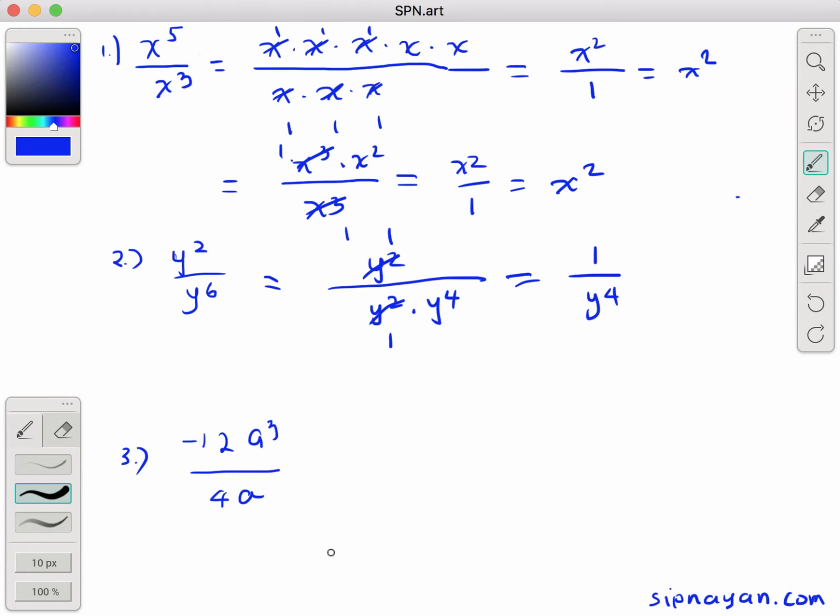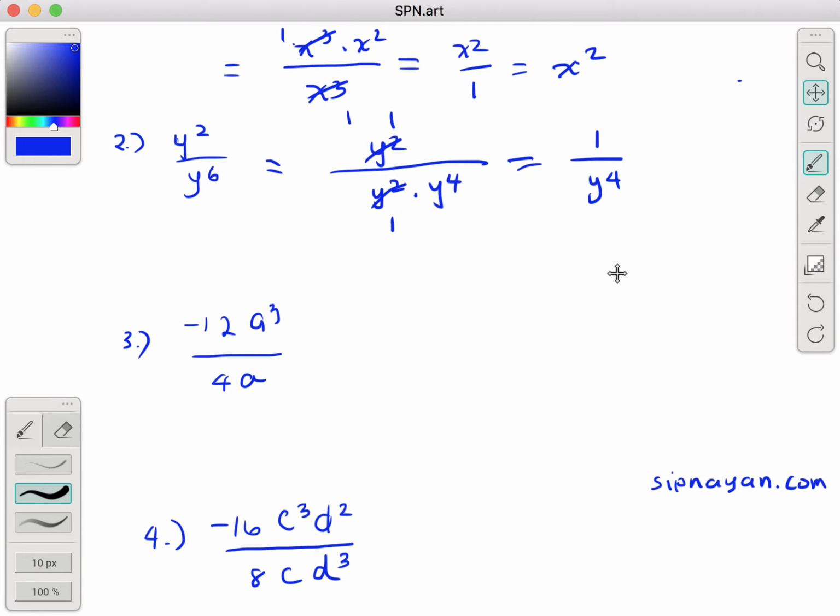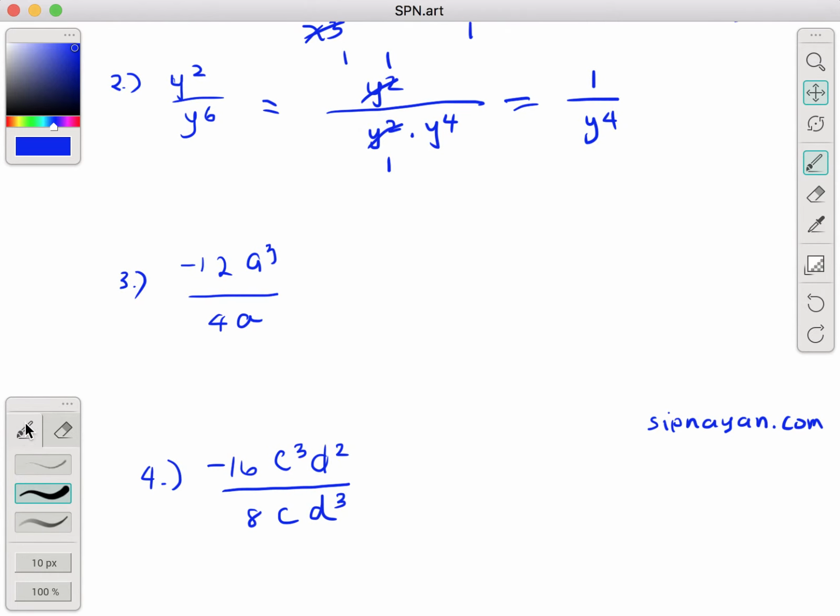Okay? What about our third example? So, we have negative 12 divided by 4. Probably pwede na yan i-diretso, but we still apply the cancellation. Anong pwede natin i-divide sa negative 12 saka sa 4?